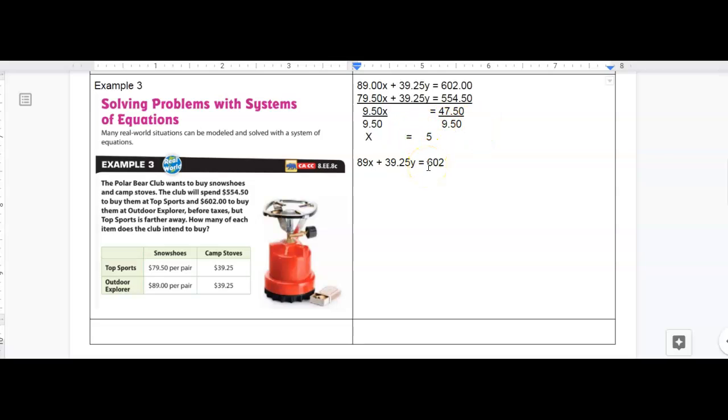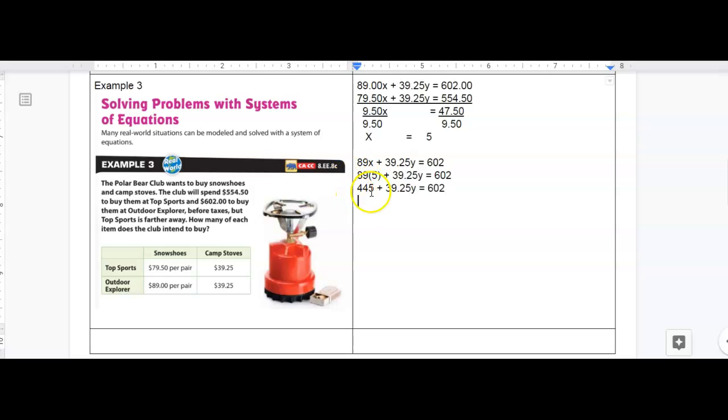So I put 89 times 5 plus 39.25y equals 602. Now what stands out to me is the parentheses. I got to multiply 89 times 5, and that gives me 445 plus 39.25y is equal to 602.